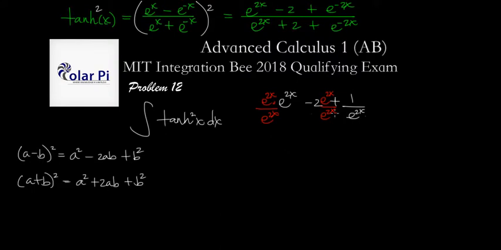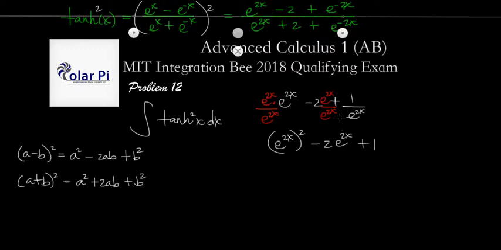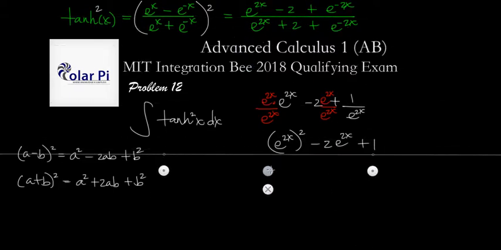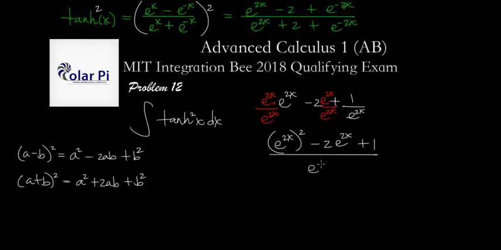Now common denominators are there, so we can write the numerator as e to the 2x all squared, that's a product of those two, and then minus 2 times e to the 2x, and then plus 1. And the denominator, obviously, is that common denominator of e to the 2x, right?